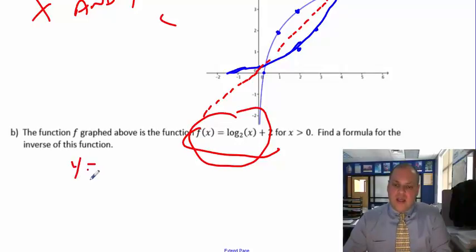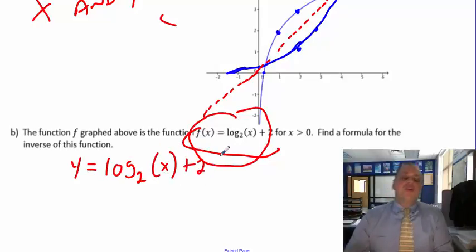So y equals log base 2 of x plus 2. So again, switch x and y. We did this in lesson 49, but we didn't do it with a +2 there. So I'm going to change colors here, and I'm going to go green. We'll go Christmas, right?